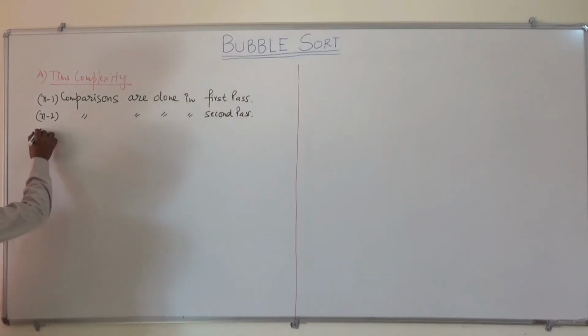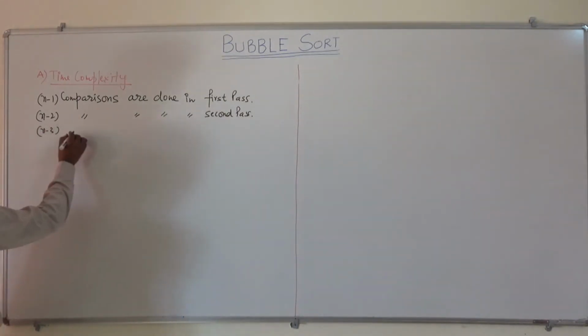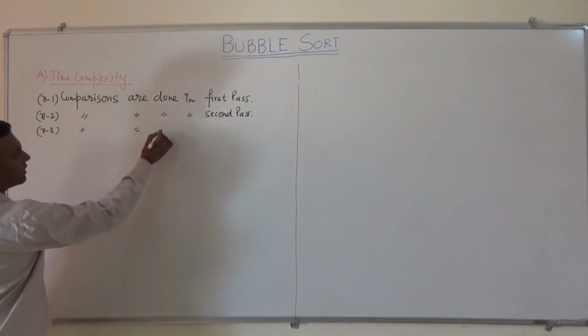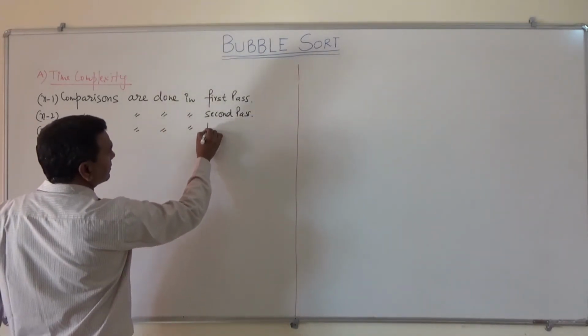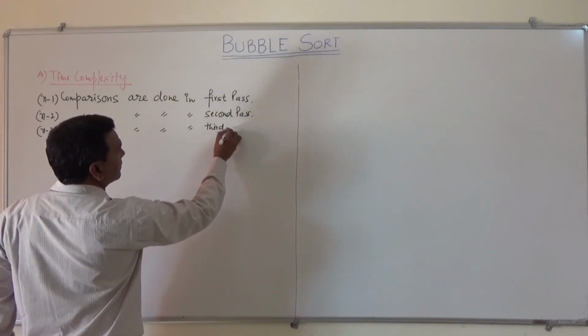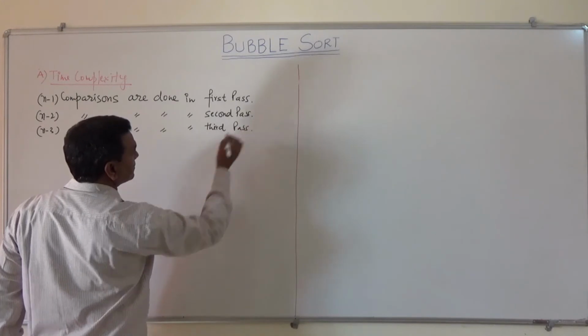In the same way, n minus 3 comparisons are done in the third pass, and so on.